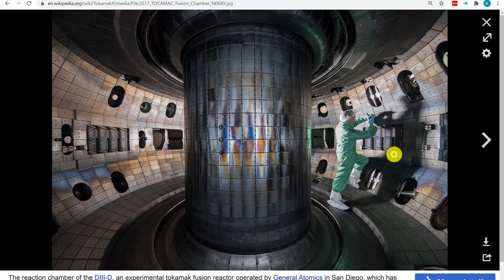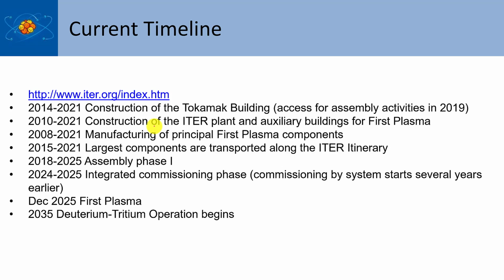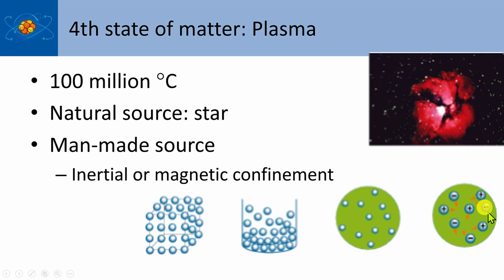You can't stick it in anything physical because it'll melt it, right? So they take advantage of the idea that all the particles in the plasma are charged, and they create a magnetic field to contain it. So there'll be a circulating magnetic field inside this Tokamak reactor, and hopefully they'll be able to sustain the fusion reaction in that magnetic field, and then somehow extract that heat energy and produce power from it.